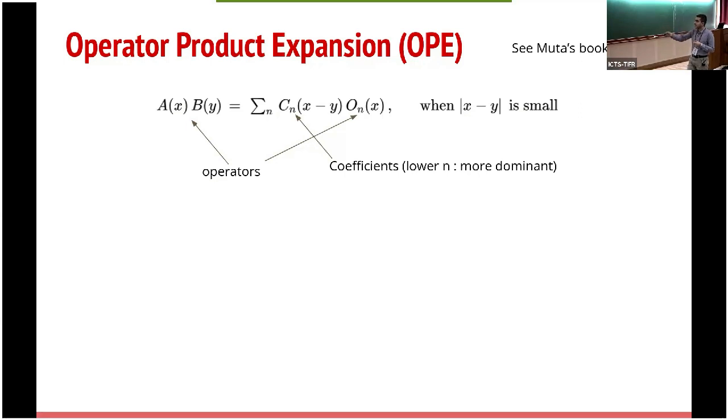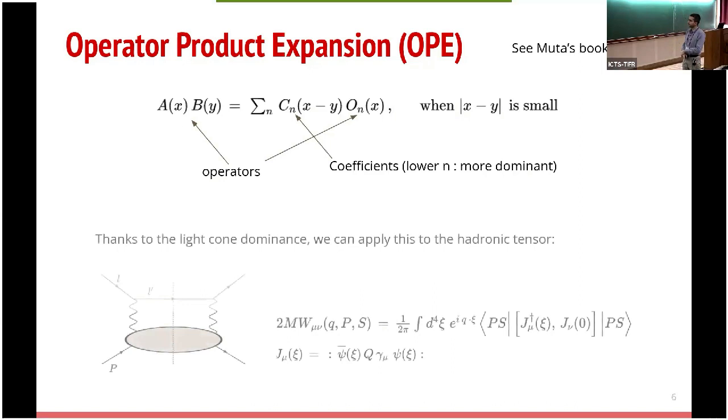These coefficients are the ones that have some kind of divergences in them. This is only valid when x minus y is small, when the distance is small. Applied to our hadronic tensor, it means that ψ² has to be small. ψ² is 0 in our case, so we can use this technology here.